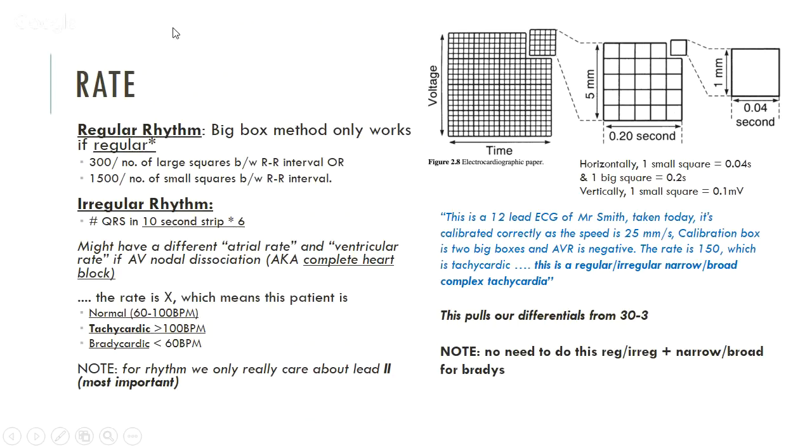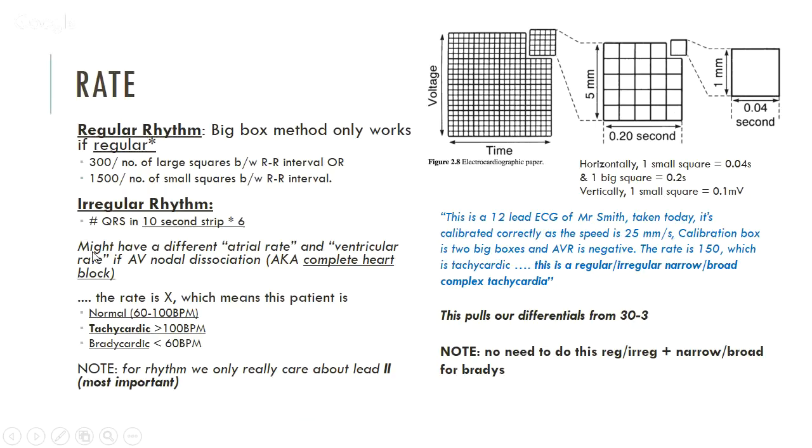So the rate, to determine the rate, I'm sure you guys already know, but it depends if it's regular or irregular. So it's important to always check if it's regular or irregular first, because it will determine how you calculate the rate. So for regular rhythm, use the big box method, which I'm sure you've heard of. So it's 300 divided by the number of large squares between each R to R, or 1,500 divided by the small squares between each R to R. But if it's irregular rhythm, you can't do that.